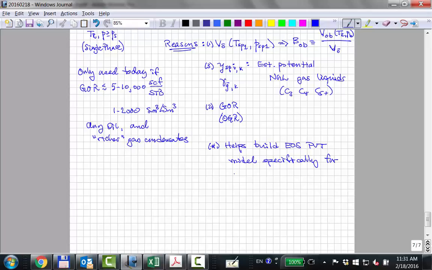for optimizing the surface process. And what does optimizing mean?